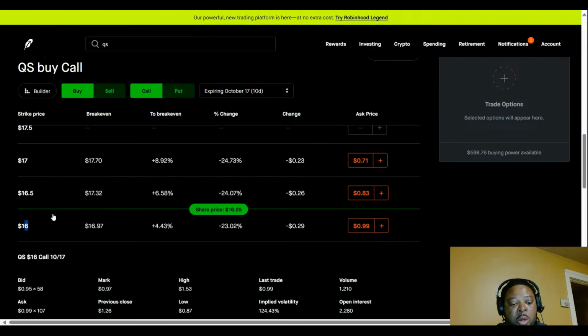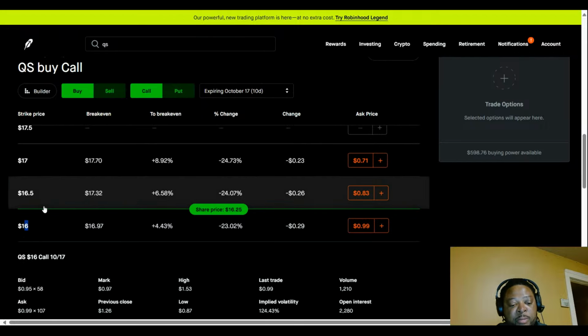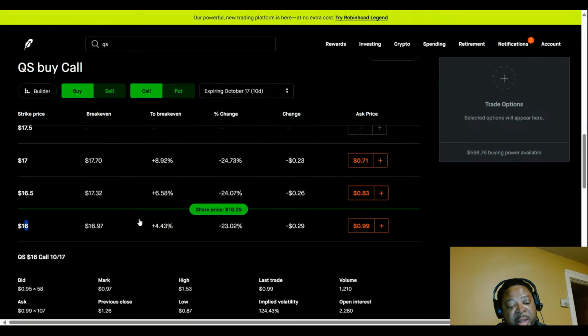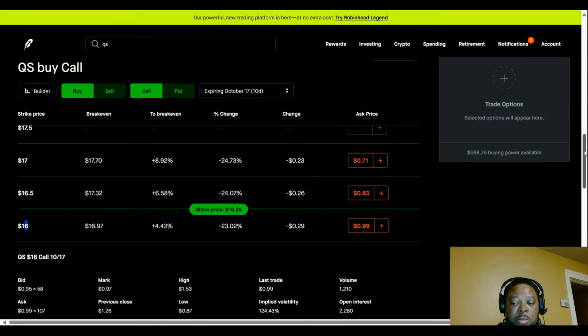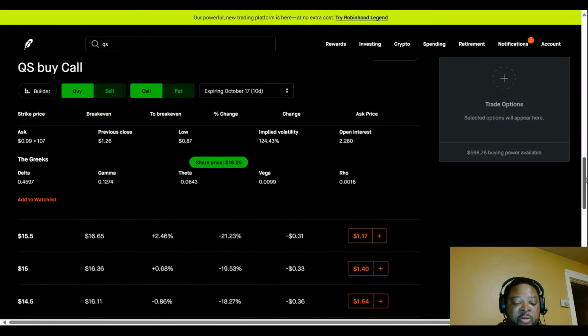Of course, you had to pay that premium, so you kind of took a loss. That's why you will want to buy options with a different strike.